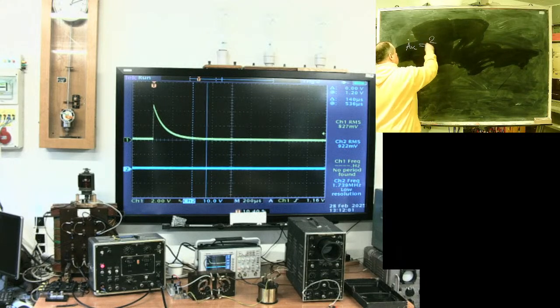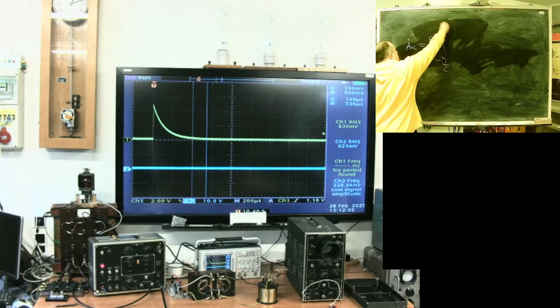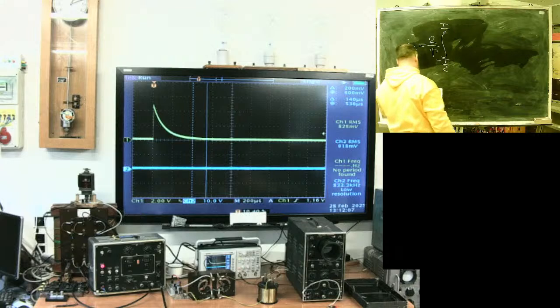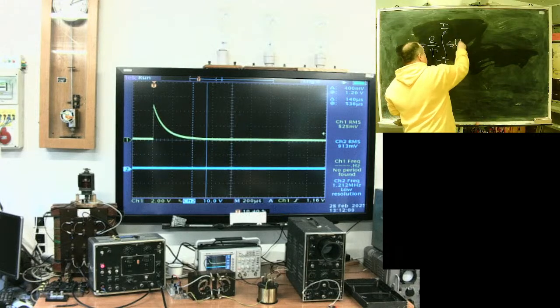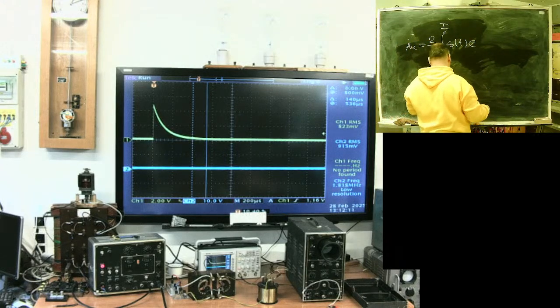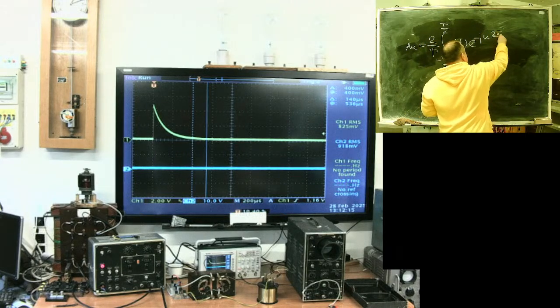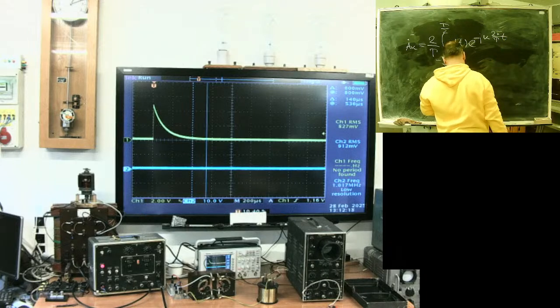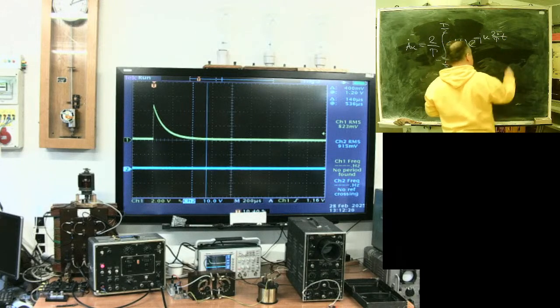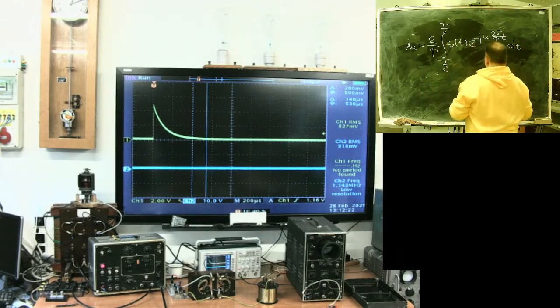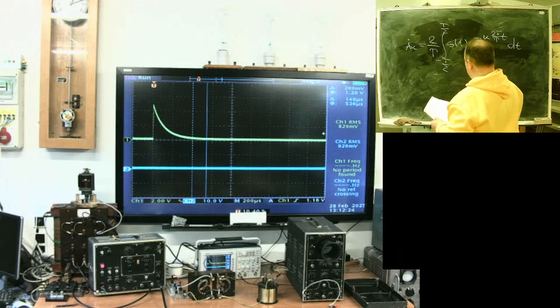It will be 2 divided by L, starting from L by R, e to the power minus j k omega t, times this k.